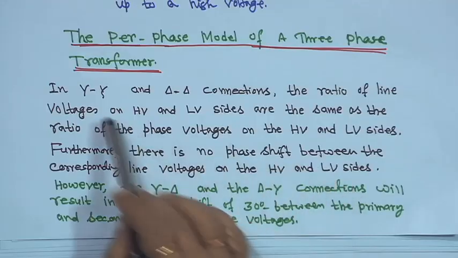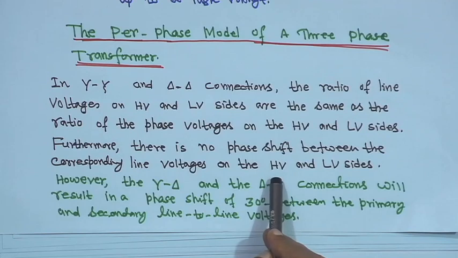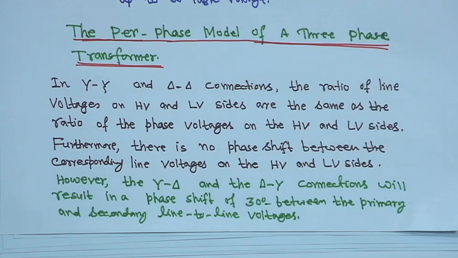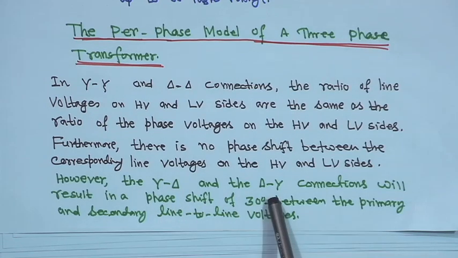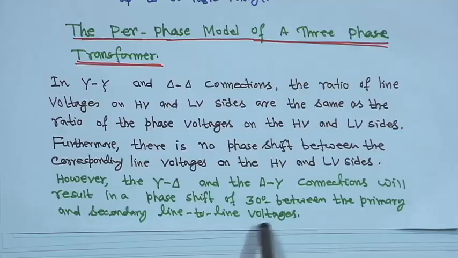However, star delta and delta star connections will result in a phase shift of 30 degrees between the primary and secondary line to line voltage.